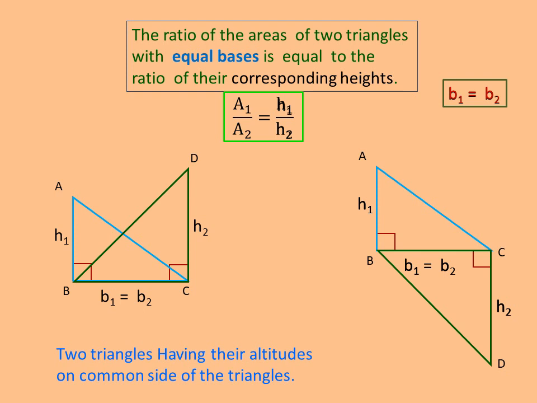Same method, same way. The altitudes of the two triangles on the common side are drawn, and that is why the bases are the same. Here again the bases are same. Therefore, you will get A1 upon A2 equals H1 upon H2.